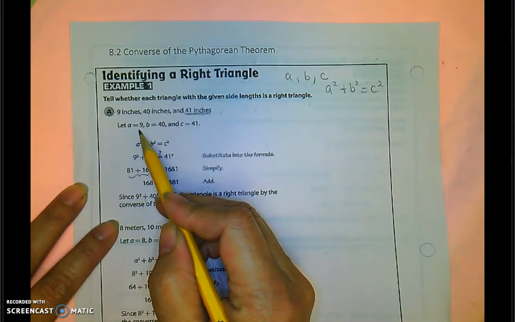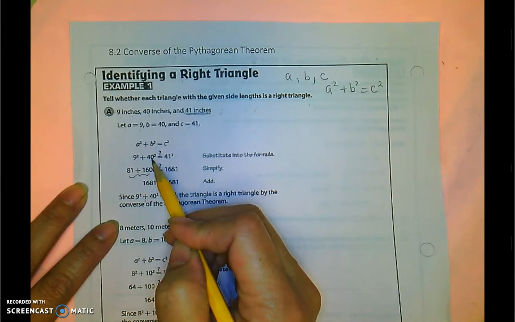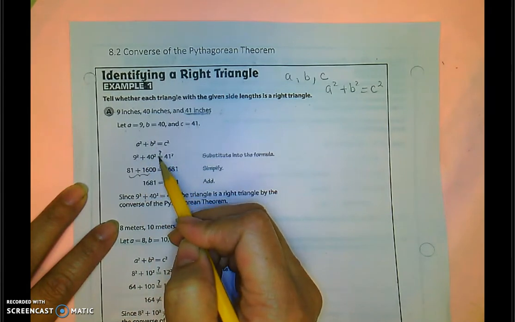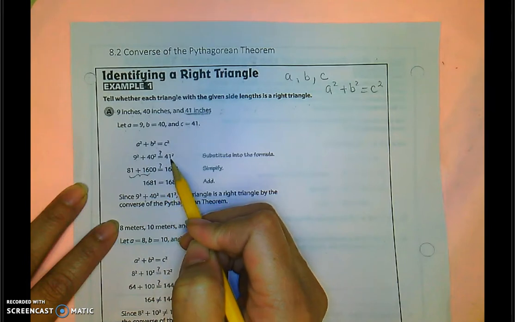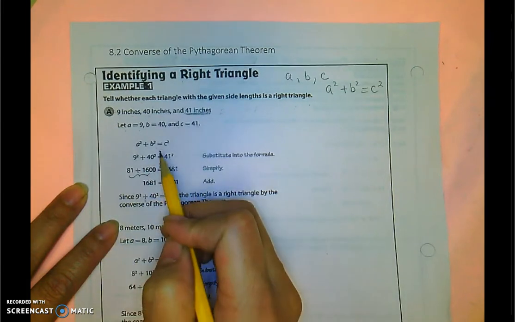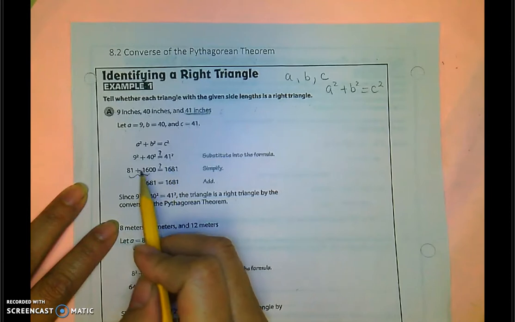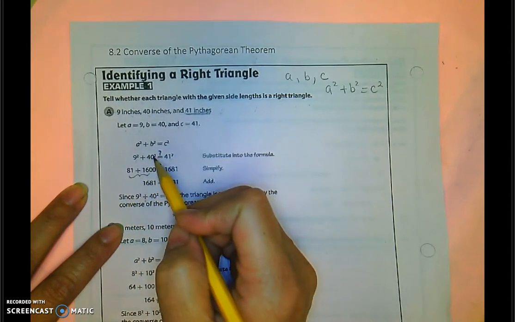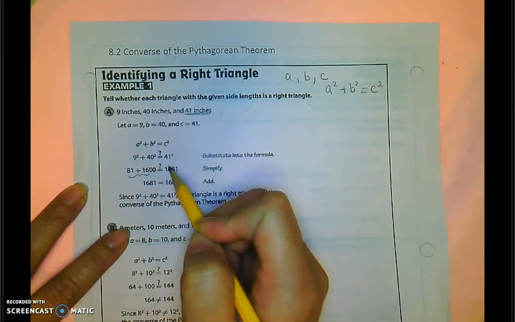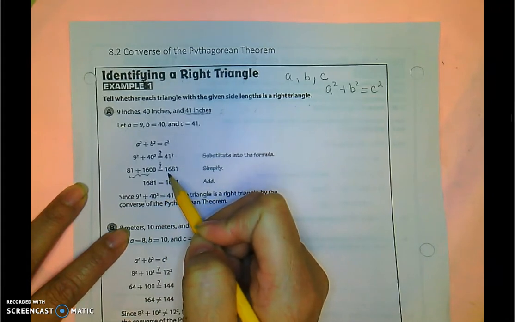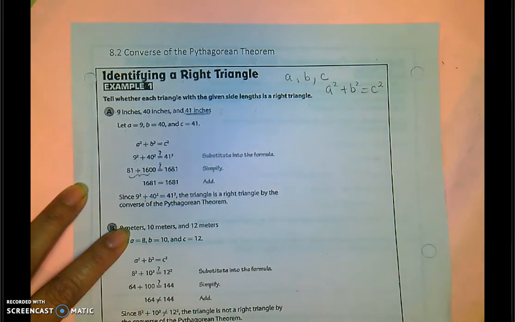We substitute them in: 9 squared plus 40 squared. We don't know if it is equal to 41 squared, so we put a question mark. 9 squared is 81. 40 squared is 1600. Question mark, equals 1681.